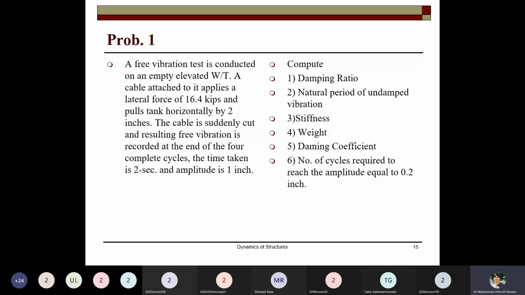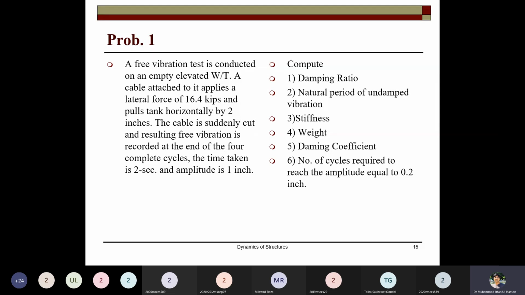Here we are applying this damped free vibration to some structures. A free vibration test is conducted on an empty tank. A cable is attached to it, applies a lateral force of this many kips and pulls the tank horizontally by 2 inches. The cable is suddenly cut and the resulting free vibration is recorded.